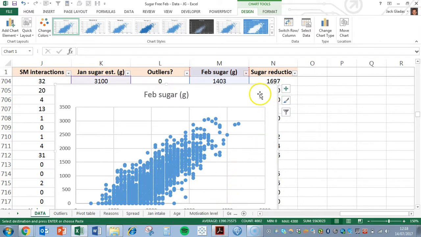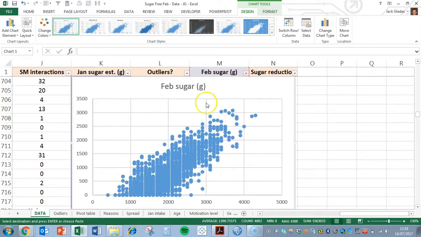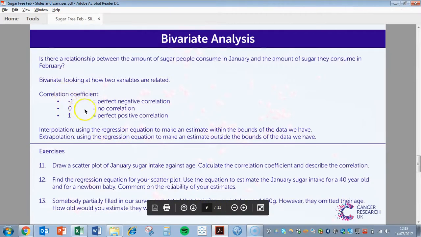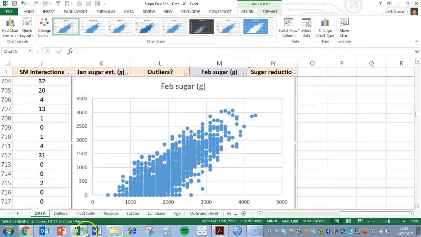Now, to determine the strength of this correlation, we can calculate what's called a correlation coefficient. The correlation coefficient is a number between 1 and -1, where 1 means perfect positive correlation, -1 means perfect negative correlation, and 0 means no correlation at all. Excel can do this quite quickly for us.